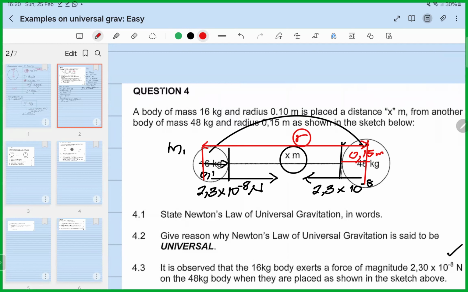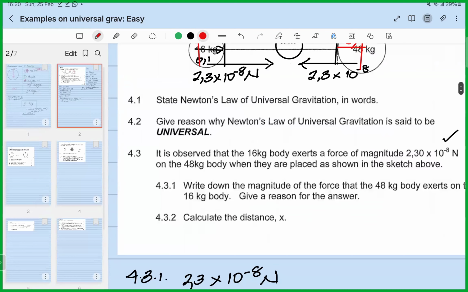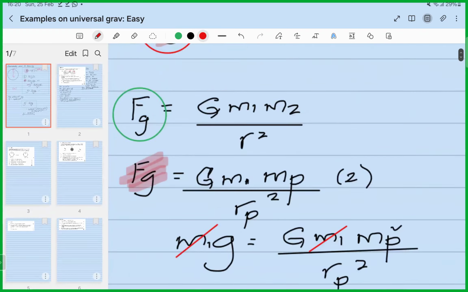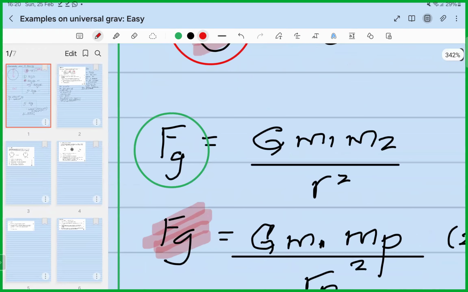Now they've actually tested this concept quite often, center to center. And many learners have not really understood this. If R in this formula, which formula? Yeah, is from the center to the center.